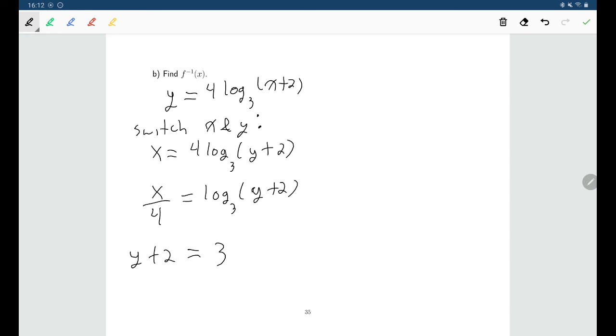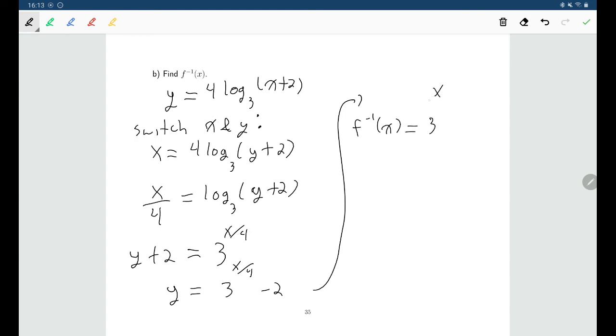For the log, the output was x over 4, so for the exponential function, the input would be x over 4. And then now we just need to solve for y. So for our inverse function, that would be 3 to the x over 4, or 3 to the 1/4 x minus 2.